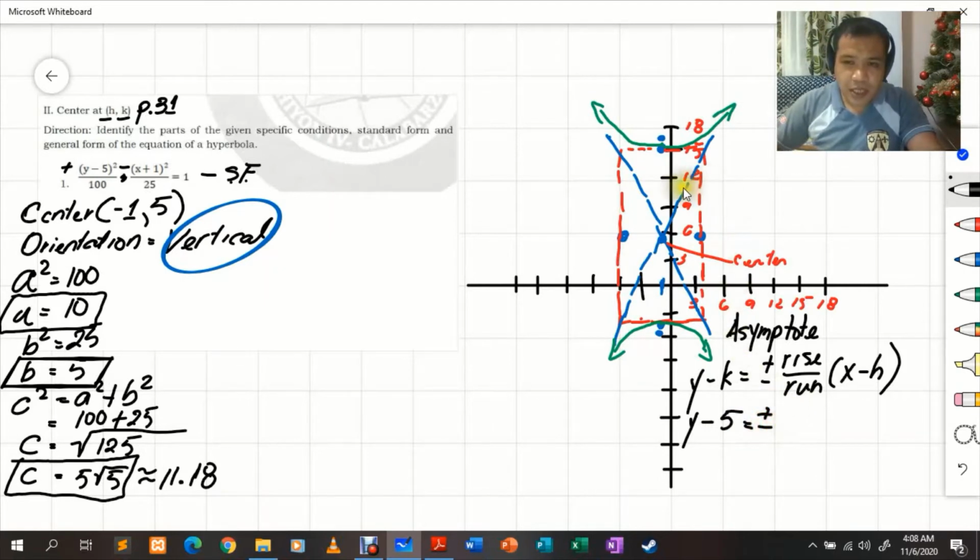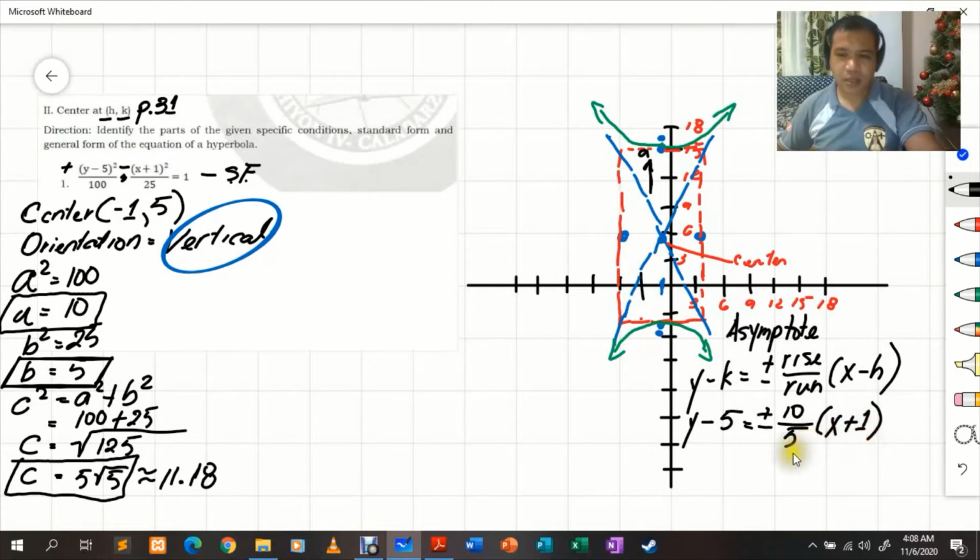Ano yung rise natin? Yung pataas, that is A. So, A is 10 over B is 5. Then, quantity x minus h. Ang h natin is negative 1.